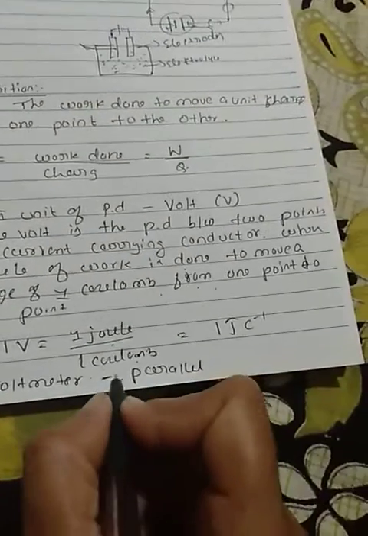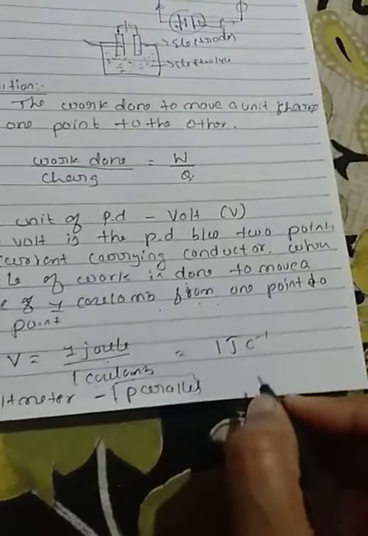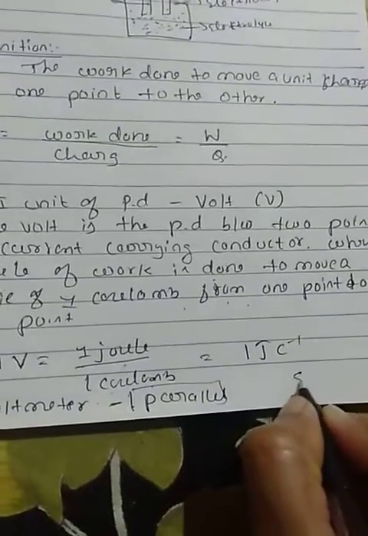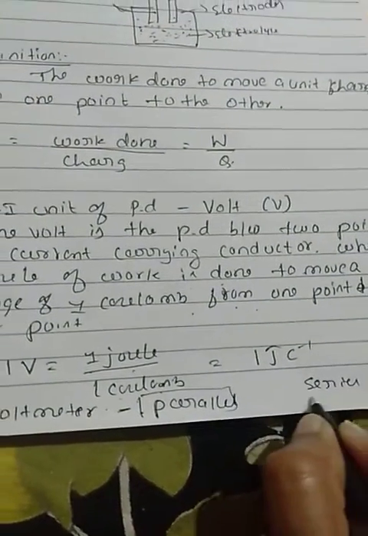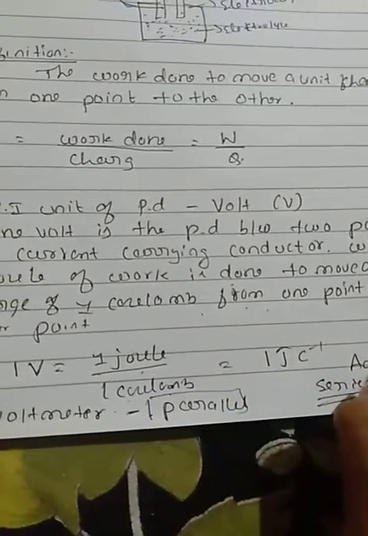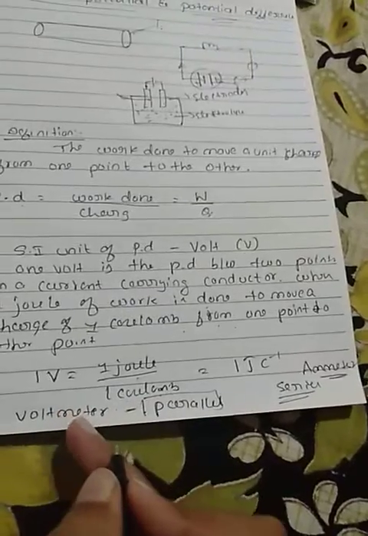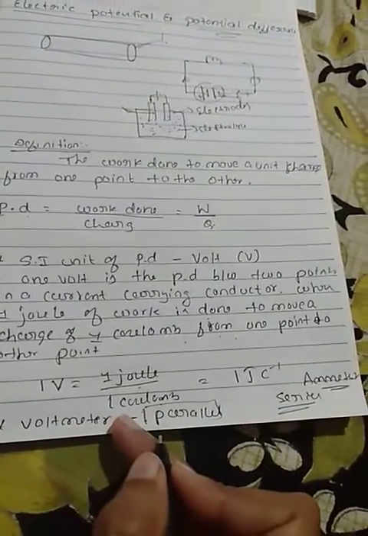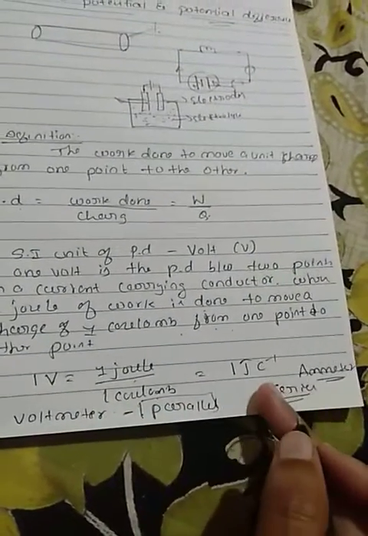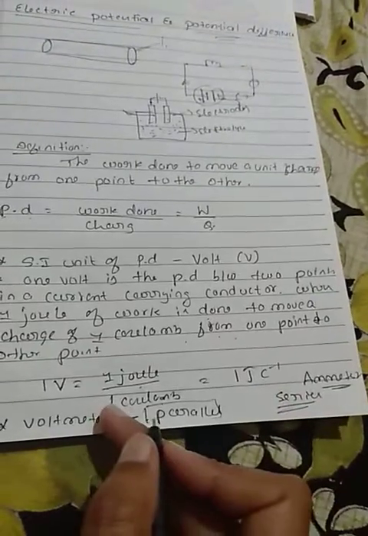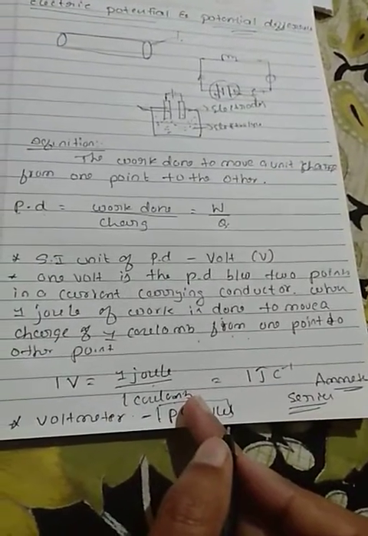The ammeter is always connected in series. The ammeter is used to measure the current, and the voltmeter is used to measure the potential difference or voltage.